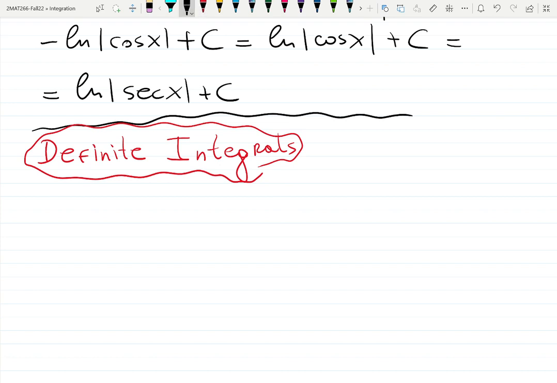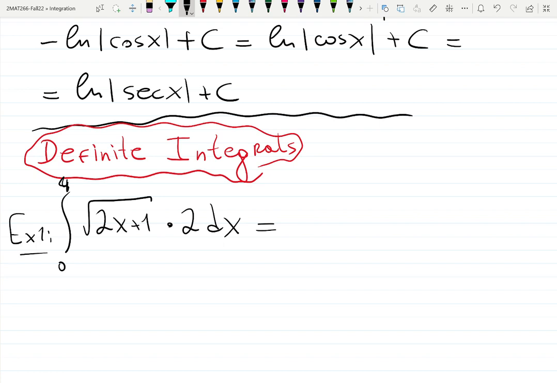So what is going to happen if we integrate from 0 to 4 the square root of 2x plus 1 times 2 dx?